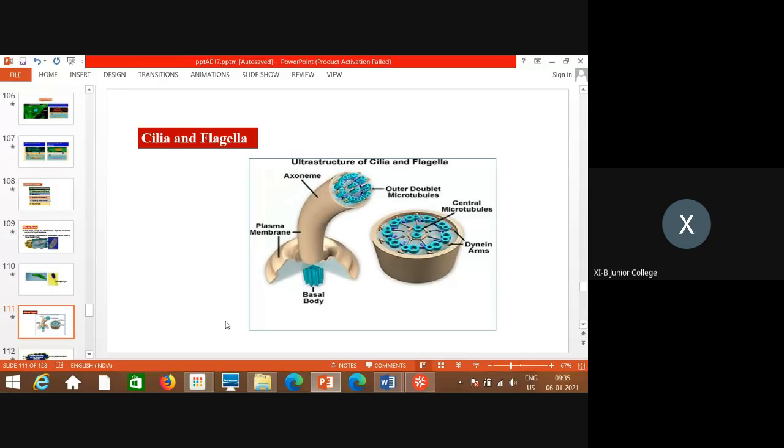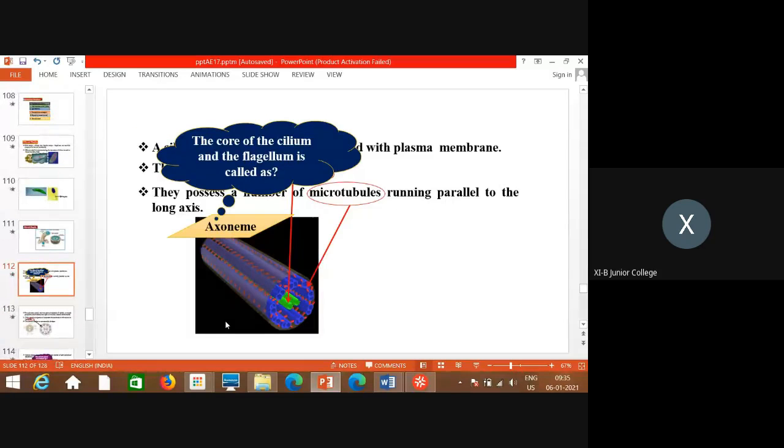Now in the second structure, you can see this diagram. The core of the cilium and the flagellum is called the axoneme. The core, that is the central part, is called the axoneme. These are the microtubules, and they are surrounded by such 9 doublet ring-like structures, right?